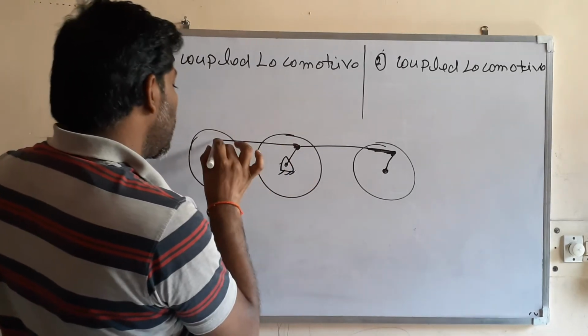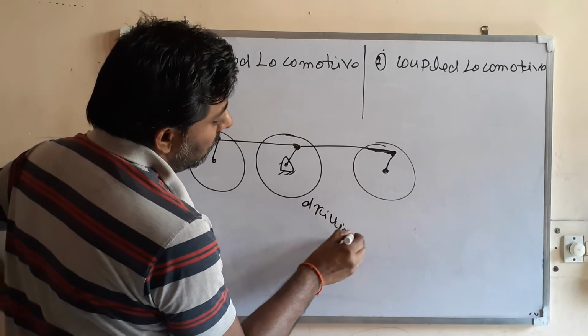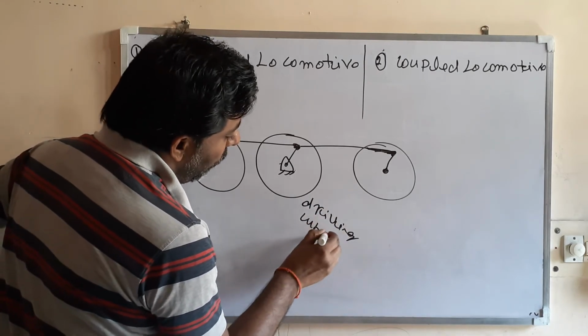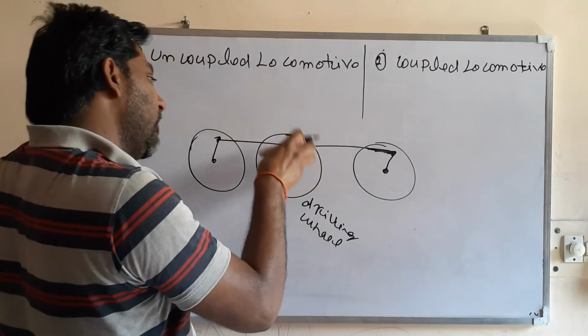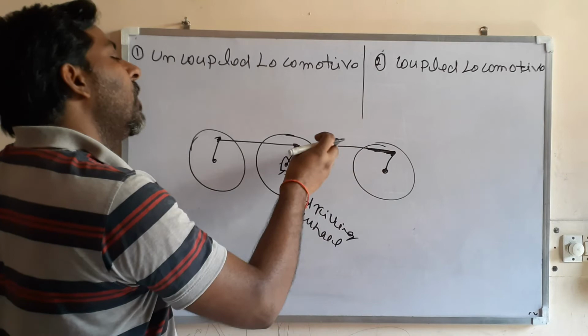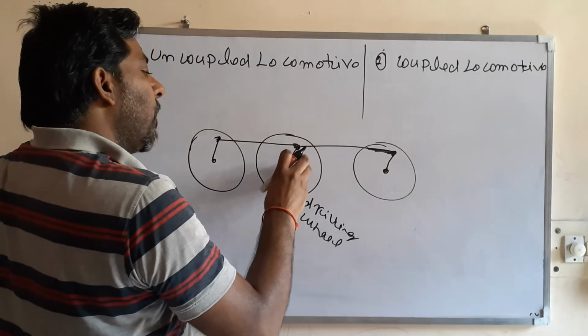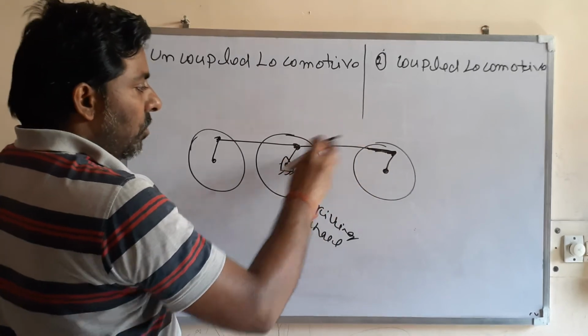So this is the driving wheel. Why driving wheel? Because power is given to only this wheel, and the other sets of wheels are coupled by the coupling rod of the locomotive. So by using a mechanism, power is given from here to here, means rotary to rotary.